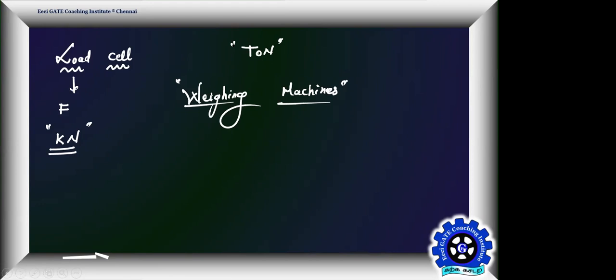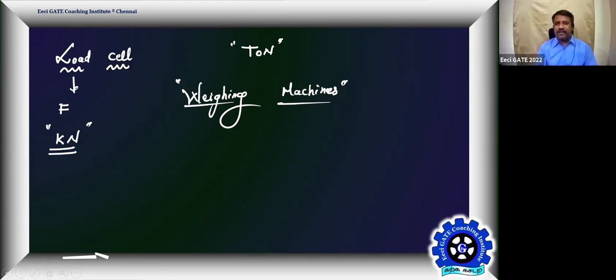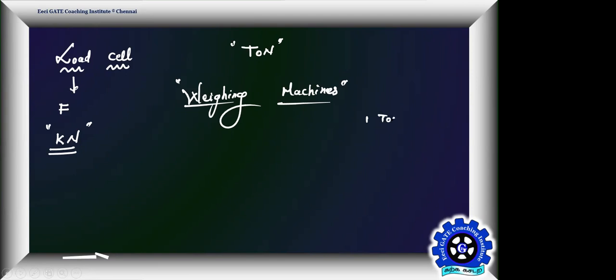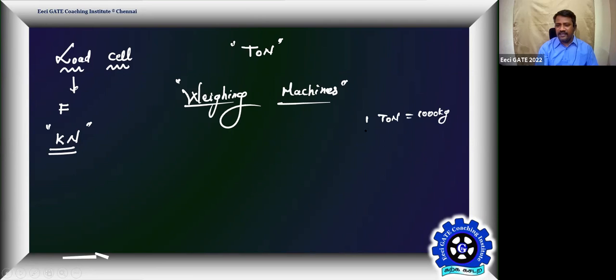That is going to be in so many tons, 1 ton, 2 ton. What is 1 ton weight? 1000 kilograms is 1 ton. We need machines to sense that weight, and we have machines built. That is what exactly the load cell is.